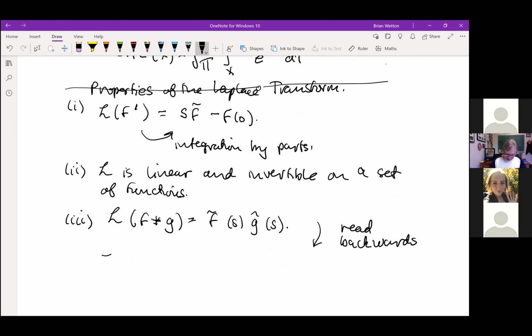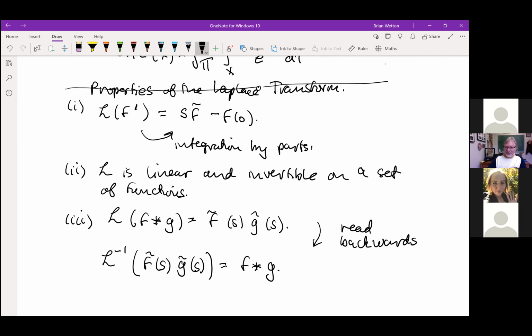That says if you want to take the Laplace transform inverse of a product, it is a convolution of the functions whose Laplace transforms were the product you were taking.